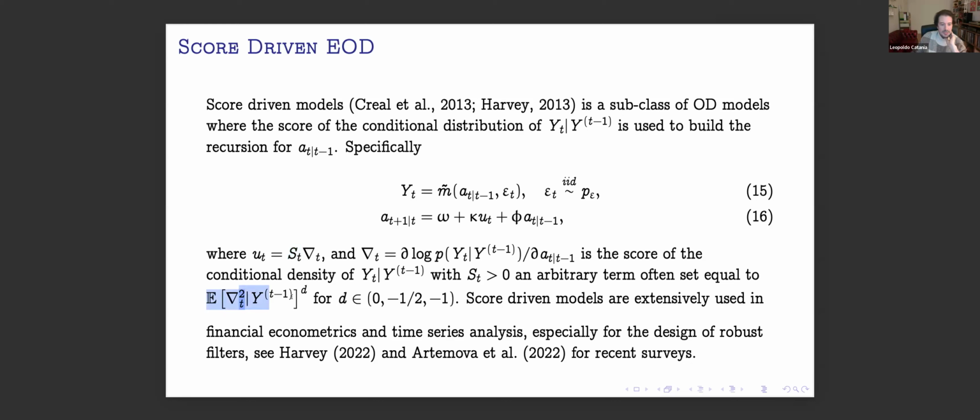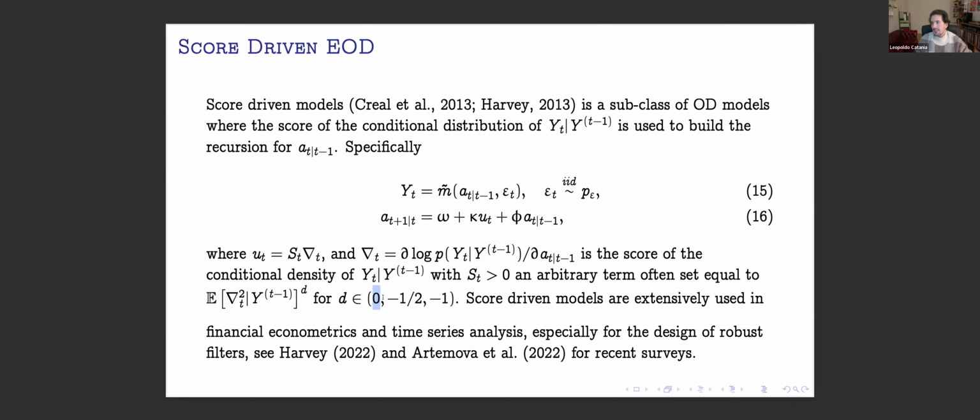Sometimes it is set up as a function of the information quantity. So for example, if we set this d equal to -1/2, then this u t is a unit variance martingale difference sequence. But sometimes evaluating this quantity is complicated, so we just set d equal to 0.